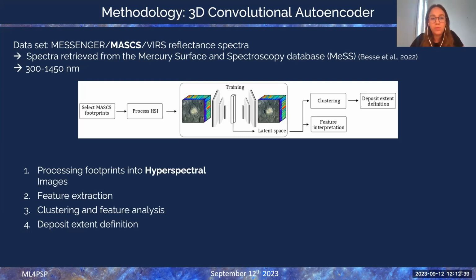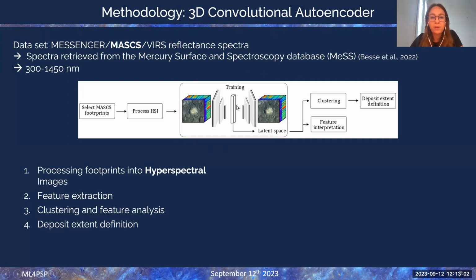In order to do so, first we select the footprints that are interesting for us in the region of the pyroclastic deposits. From that, we process a hyperspectral image, because we are starting with individual point measurements and we want to get a full hyperspectral image. Then we use the neural network that I will get into in more detail in a minute.